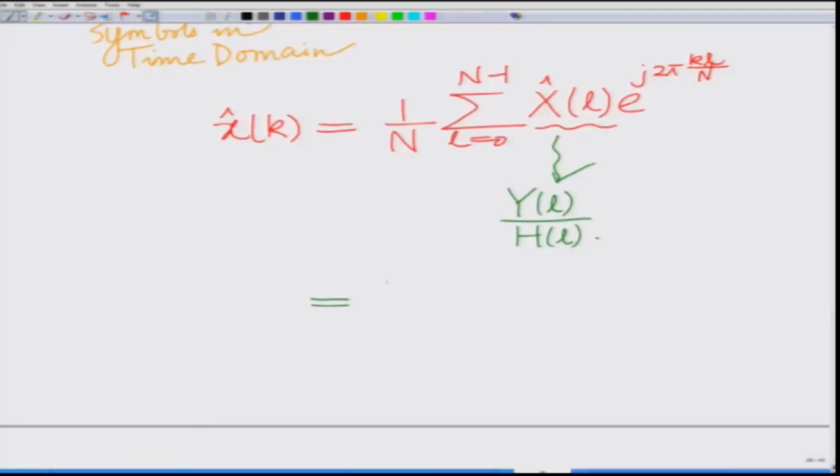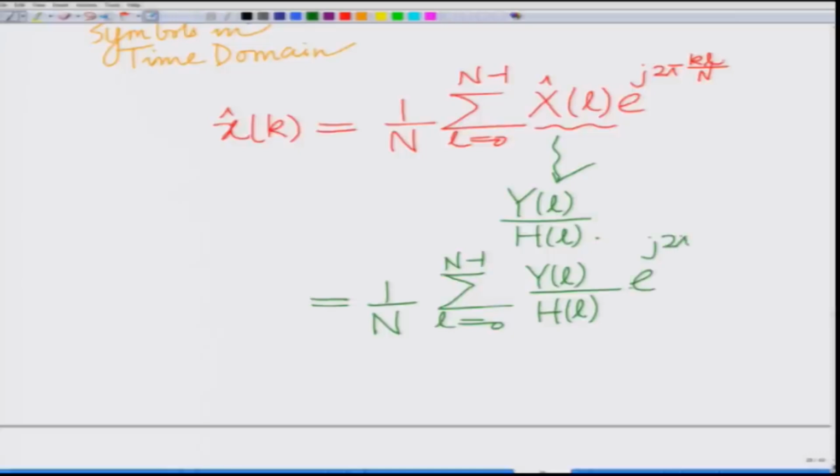So, this is basically 1 over n summation L equal to 0 to n minus 1 Y of L divided by H of L times e to the power of j 2 pi k L by n.